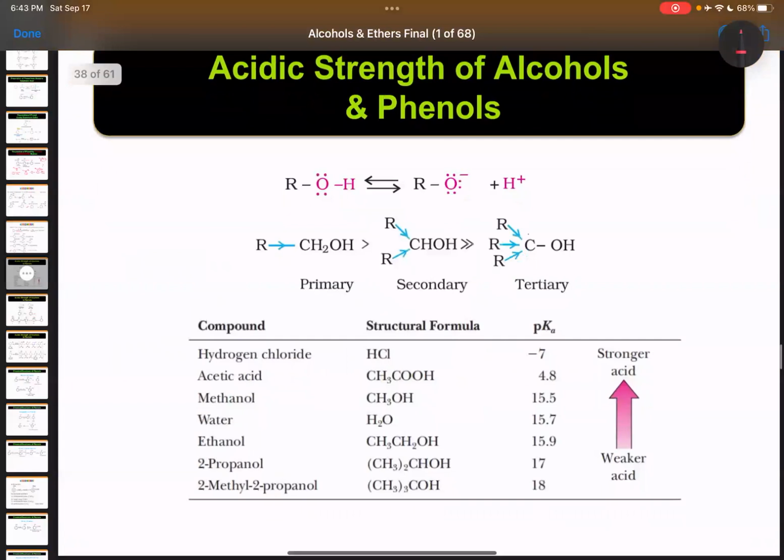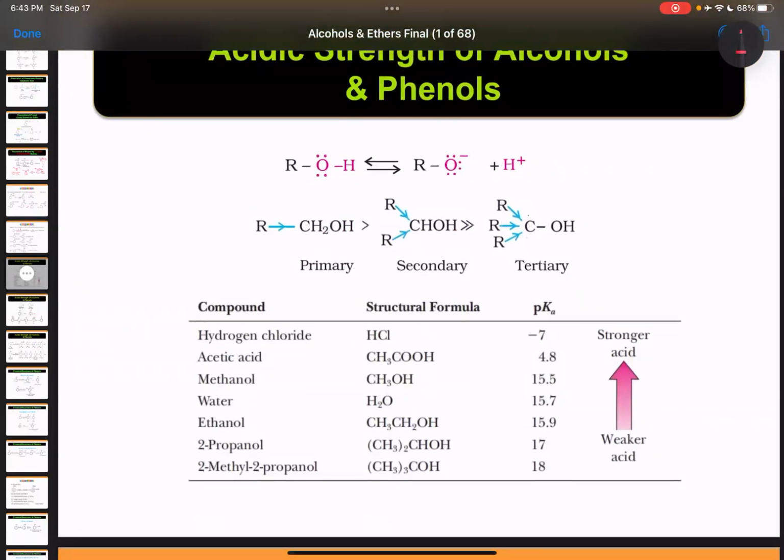Acidic strength: alcohols are acidic in nature. How does the acidic strength of aliphatic alcohol change? The more alkyl groups you have, the less and less acidic it becomes, right? Yes, sir. Because alkyl groups are electron donating, the O minus becomes less and less stable, because you don't want the electron density pushed toward the O minus.